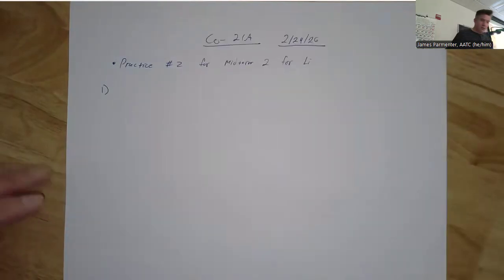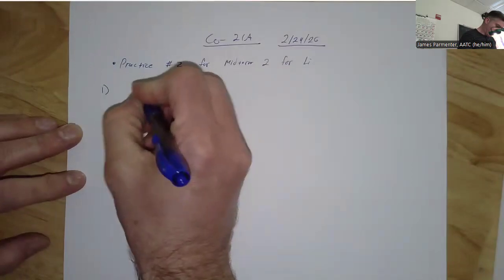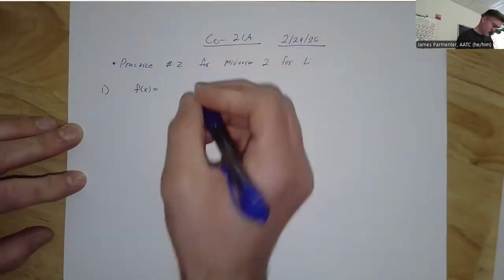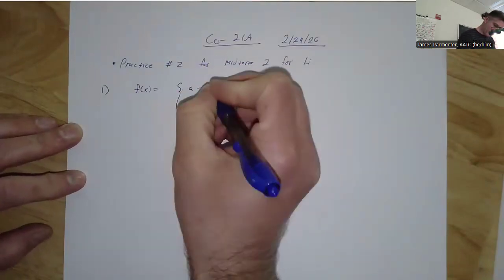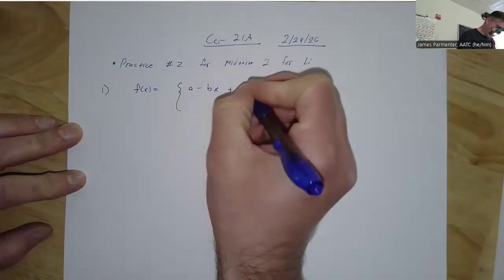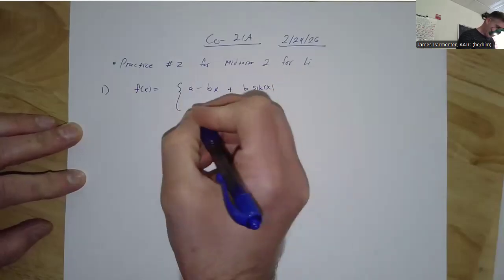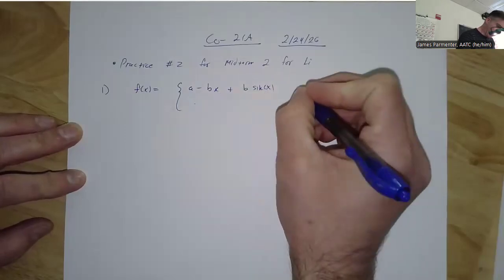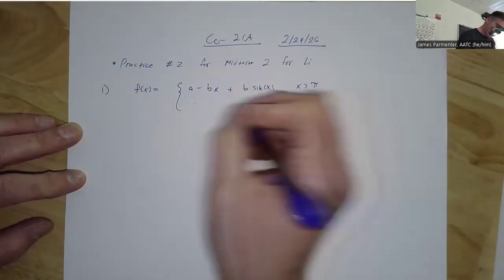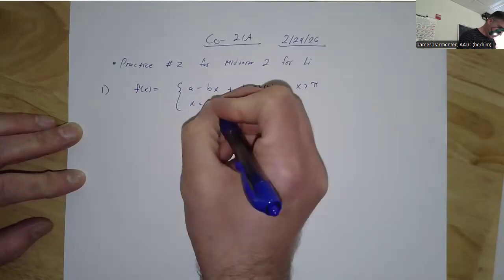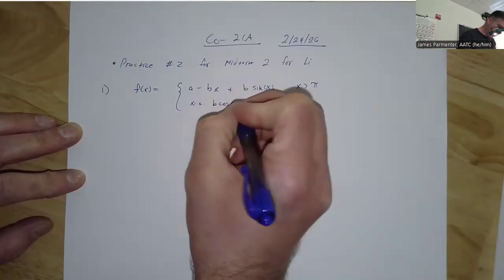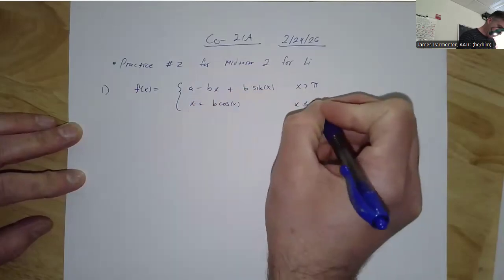So let's see. Our function is f of x equal to a minus b x plus b sine of x when x is greater than pi, and x plus b cosine of x when x is less than or equal to pi.